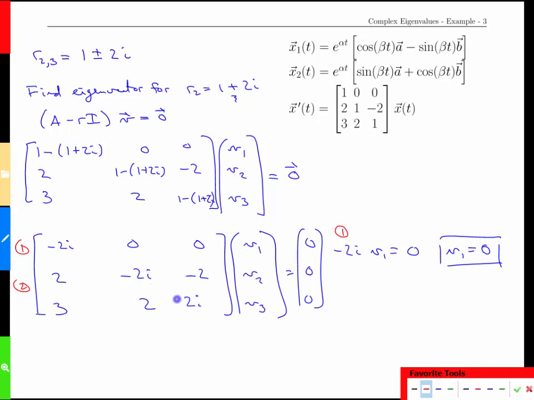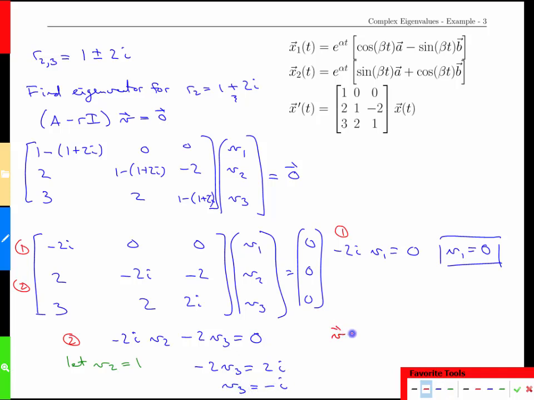But we can work with v2 and v3 to see that negative 2i times v2 minus 2v3 equals 0. We ignore the v1 coefficient because v1 is 0. From this stage, you can do whatever you like. I would just pick v2 to be something. Let's let v2 equal 1. Then we get negative 2v3 is positive 2i, just bringing this over, and v3 is going to be negative i.